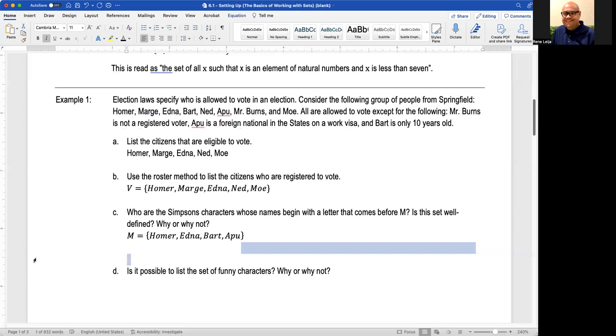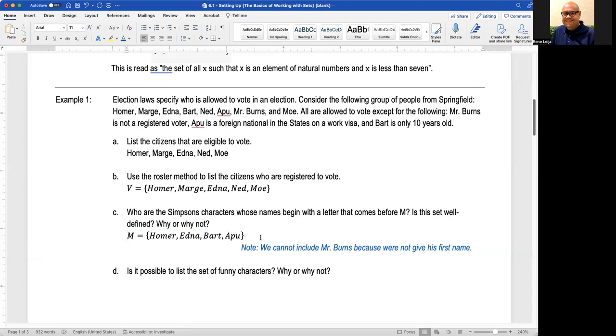I also made a comment down here that we cannot include Mr. Burns because we were not given his first name. If we were given his first name, then I would know whether or not I could include him.